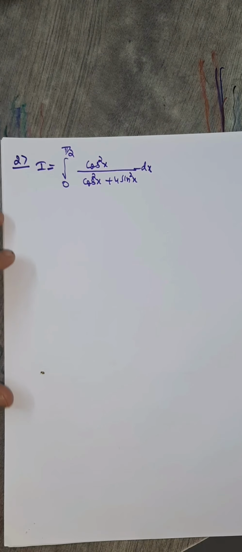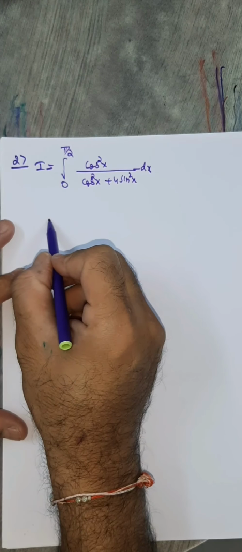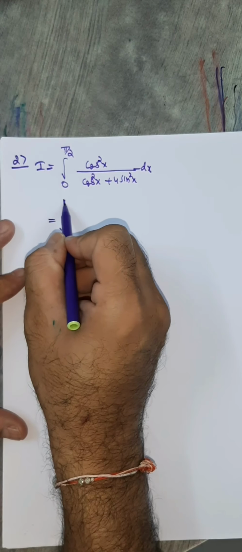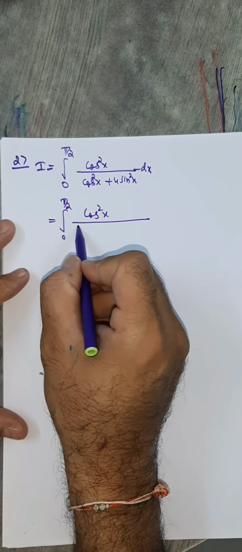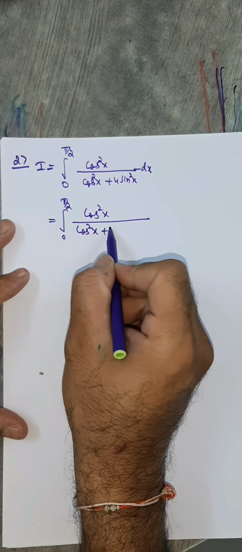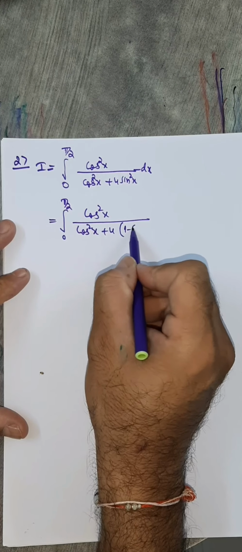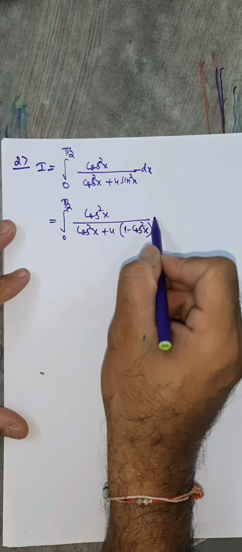Let's see this. So here one way is I'll just reduce everything in the form of cos square. So this cos square as it is plus 4 times, instead of sine square, 1 minus cos square x dx.